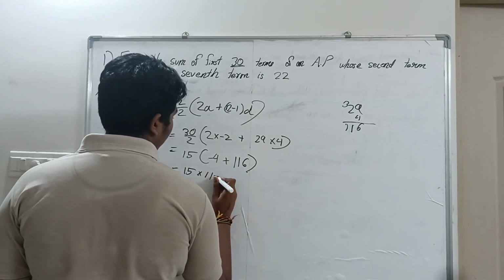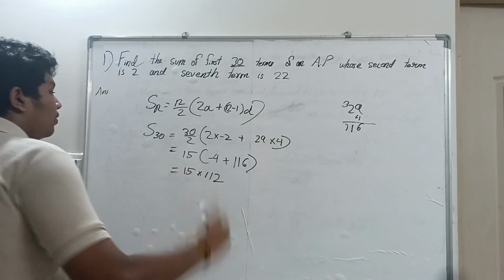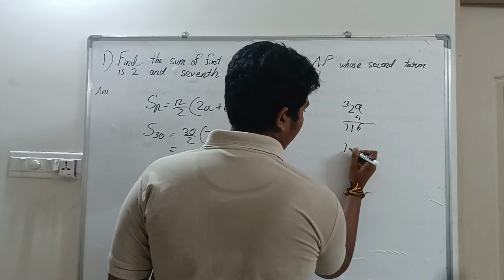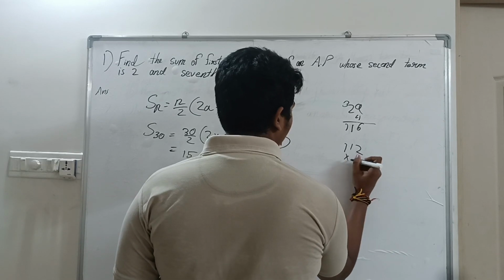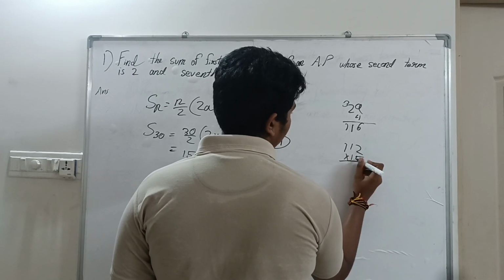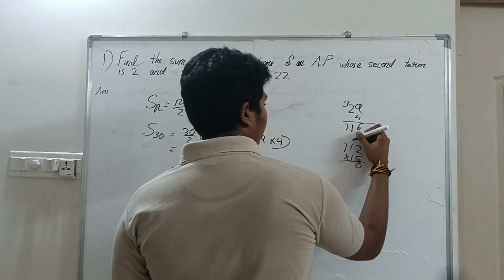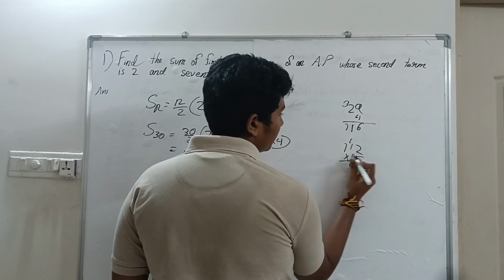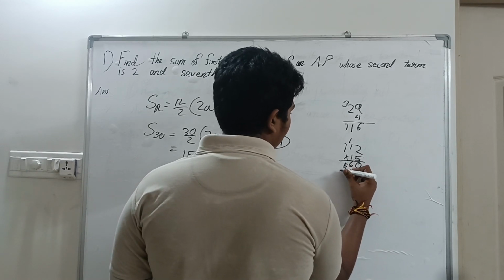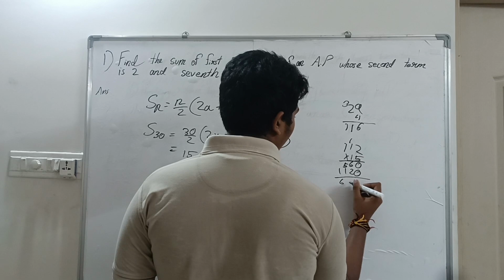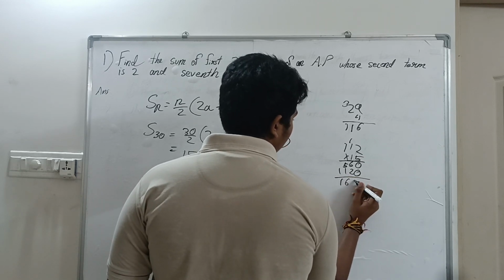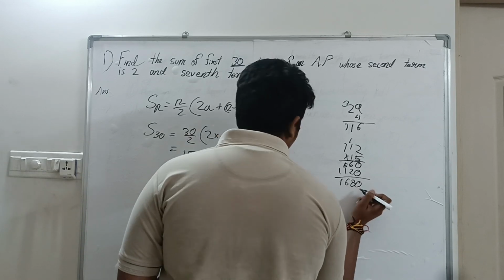Now you try to multiply this, 112 into 15. That will be 1680.